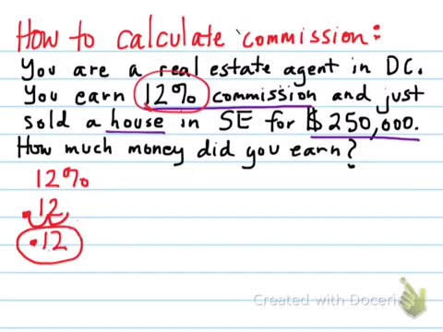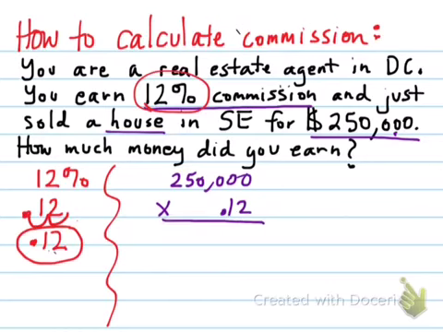So first step, convert the percent to a decimal. And then second step, we multiply the decimal by the cost of the house. So 250,000 times 0.12, and I line up my values.